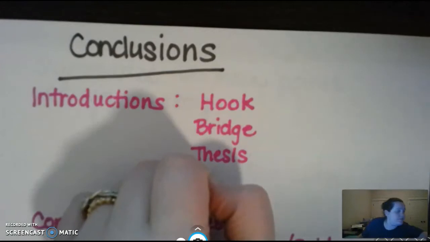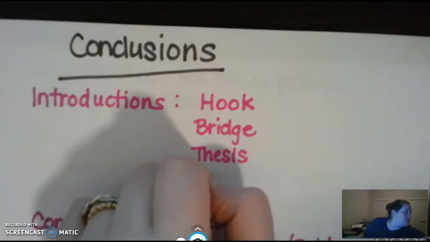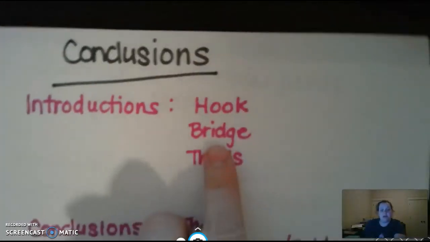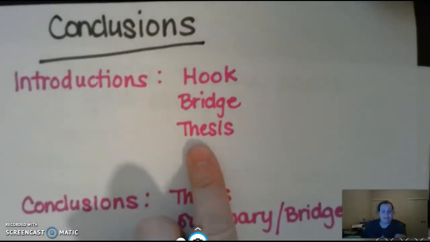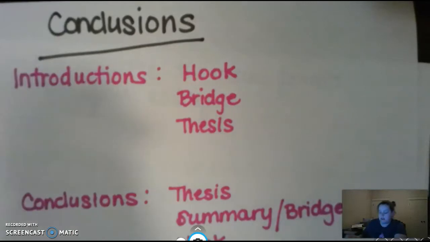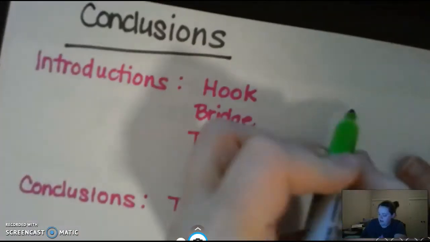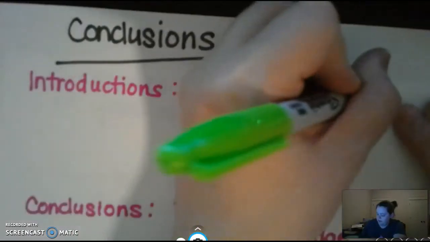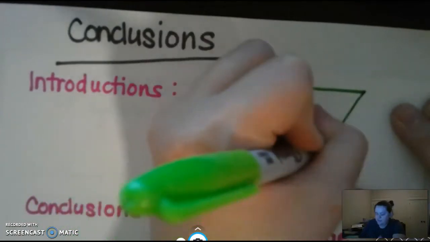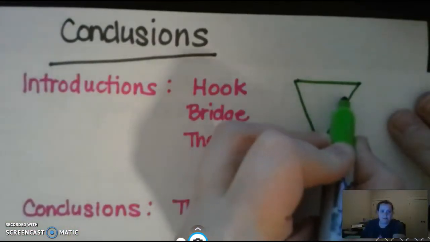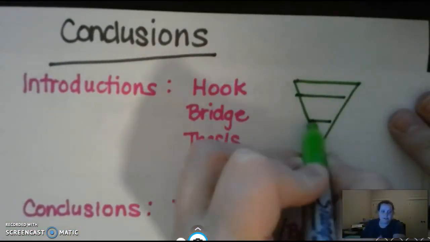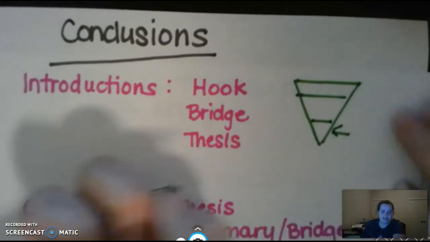But your, hold on, let me grab a pen. So your hook, your bridge, and then your thesis, okay? I like to think of it like a triangle, right? You're going to start broad and you're going to get specific, right? You start with that hook, bridge, and then thesis. This is your most specific idea.